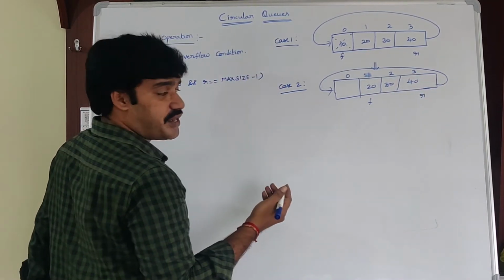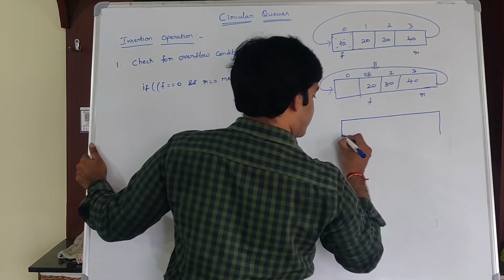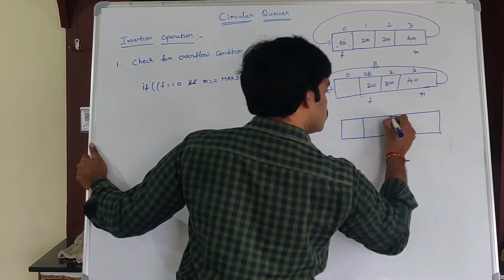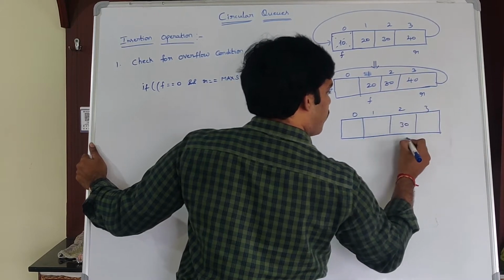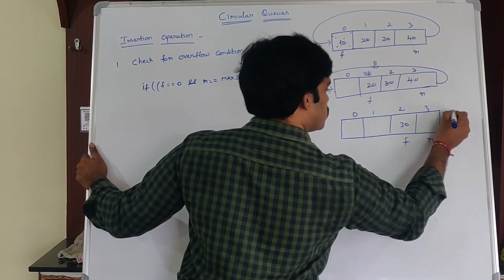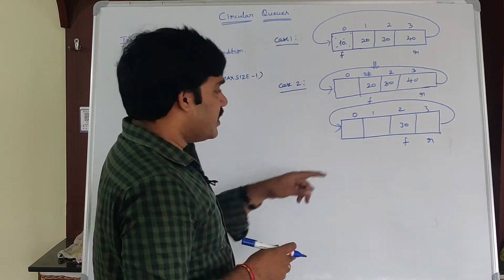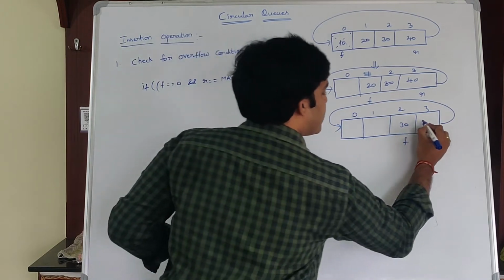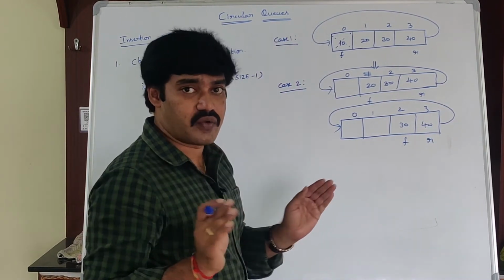Again, if I want to delete an element, 20 is to be deleted. Now the front pointer points to 30 and the REAR pointer points to 40. Consider this the second case: the circular queue is not full, with 30 as well as 40.